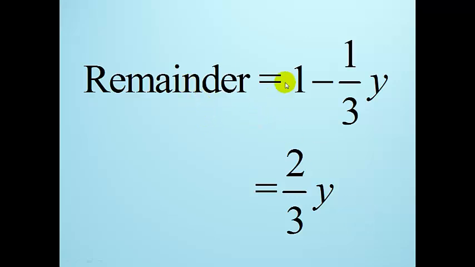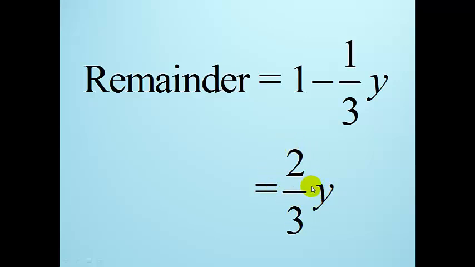The remainder is equal to 1 minus 1/3 y, where 1 is the total fraction and 1/3 y is Akwasi's share, because Akwasi had 1/3 of the total and the total equals y. And 1 minus 1/3 y is equal to 2/3y. That means that the remainder is equal to 2/3y.